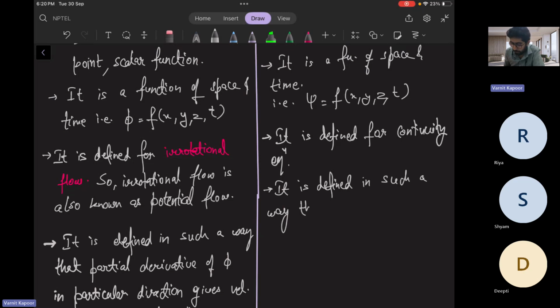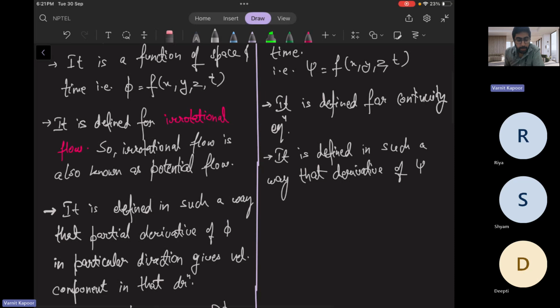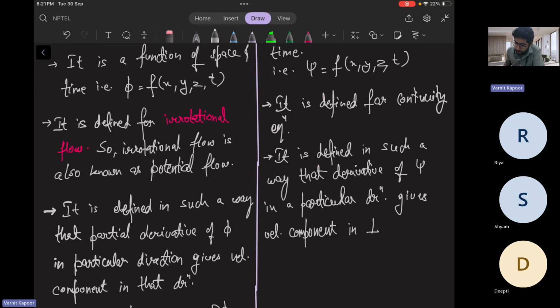It is defined in such a way that the derivative of the stream function psi in a particular direction gives the velocity component in the perpendicular direction.